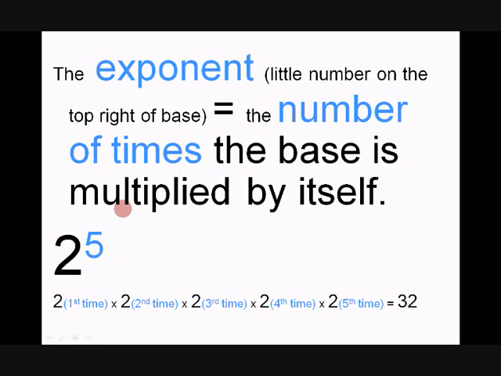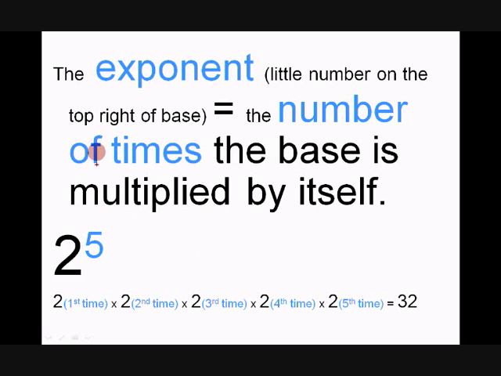Now, the exponent is the little number that we write on the top right corner of the base. This is the base, this is the small number. We don't put it at equal size. If you write 2 and write the 5 at the same size, it becomes 25. So we don't do that.